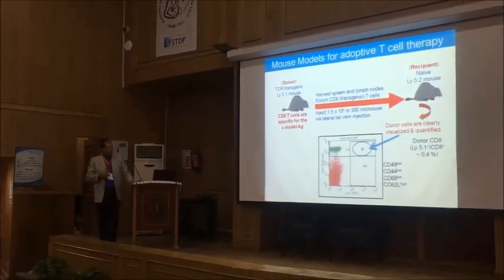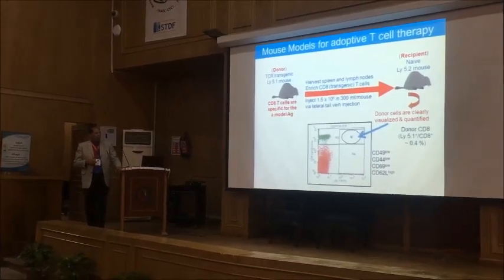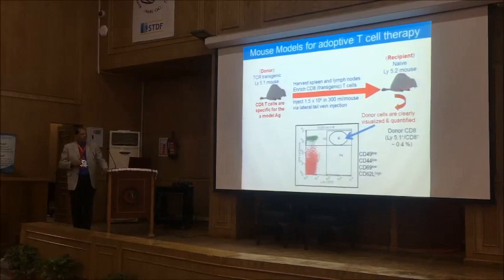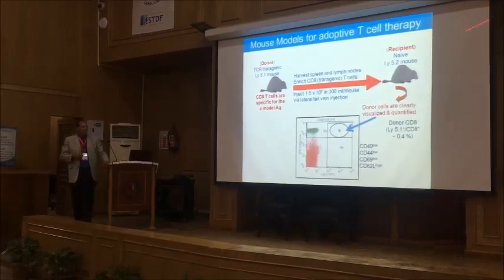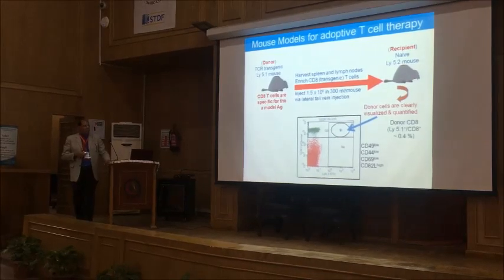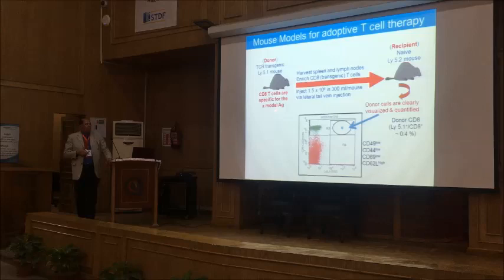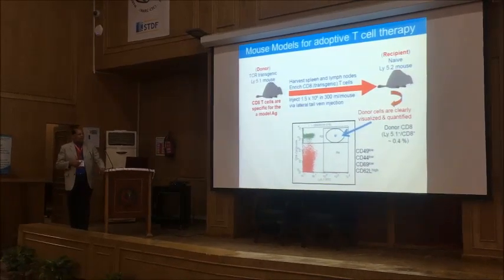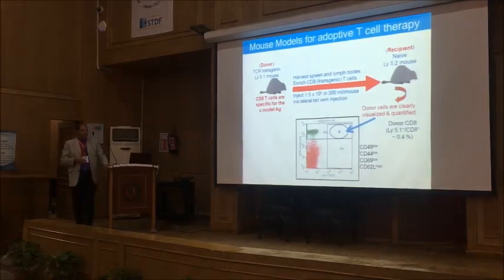So you have a donor transgenic mouse and a recipient transgenic mouse. They are different in one allele, which is LY5.1. They are isogenic, similar in everything except LY5.1 and LY5.2. So we transfer CD8 T cells, which can only recognize but cannot attack or kill the tumor cells.